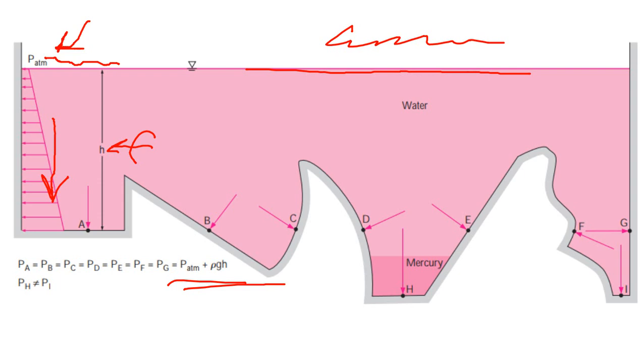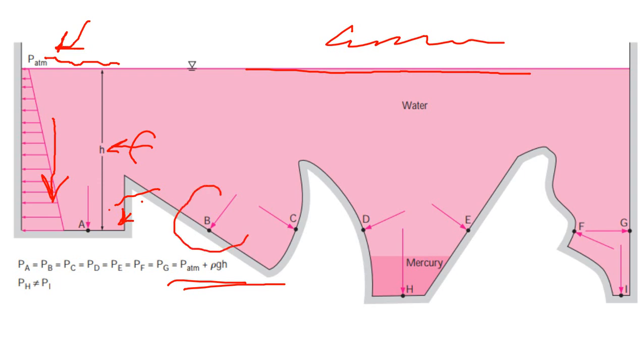And we can also see that points A, B, C, D, E, F, G, H, and I represent the pressure direction at those points, and you can see that they are always perpendicular to the surface.